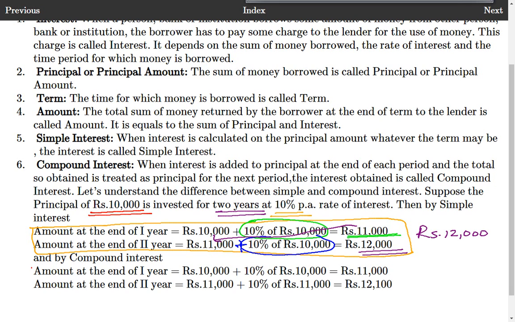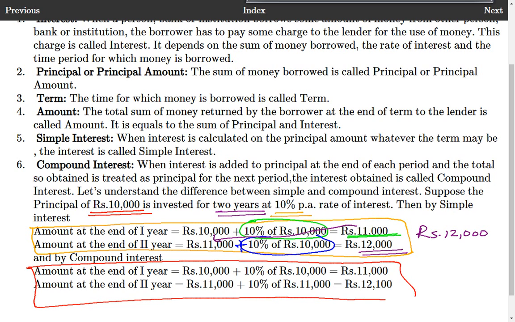Now let us calculate the amount by compound interest. So amount at the end of first year is again principal plus 10% of rupees 10,000, which is equal to rupees 11,000. Now the point to note is this: the amount at the end of first year will be treated as principal for the second year.